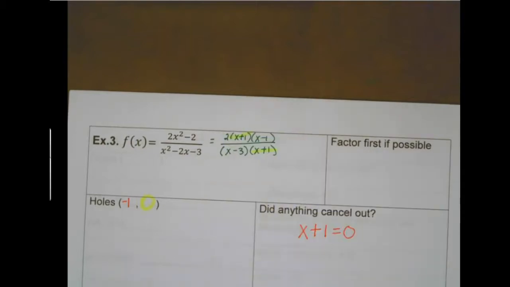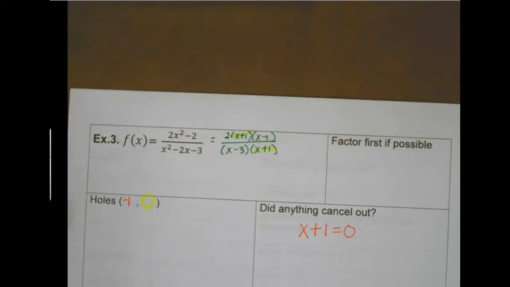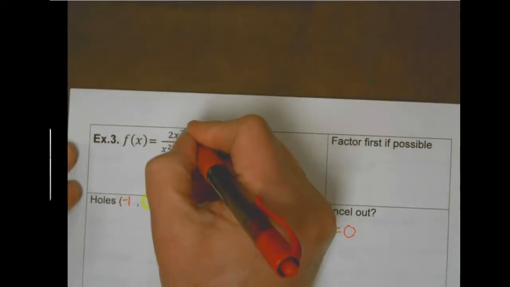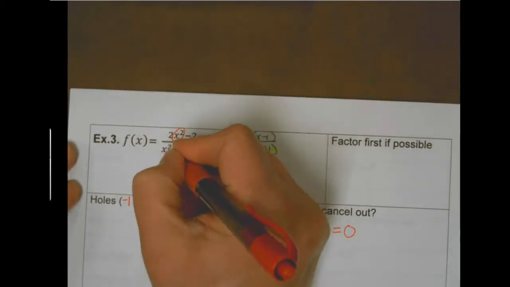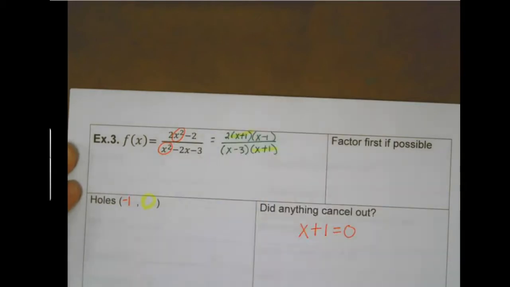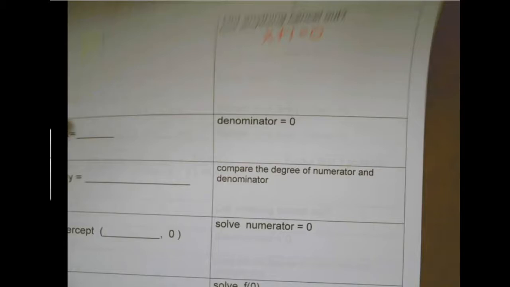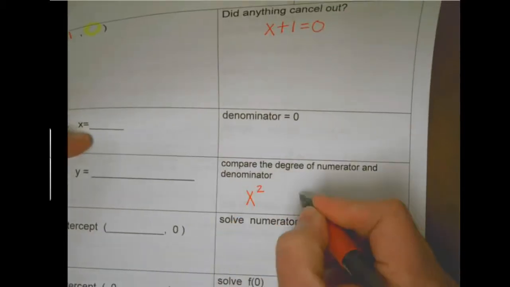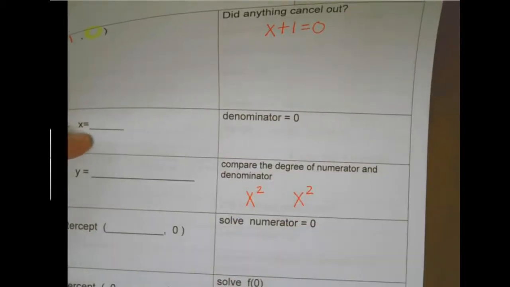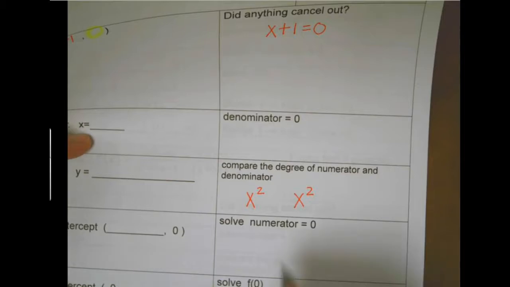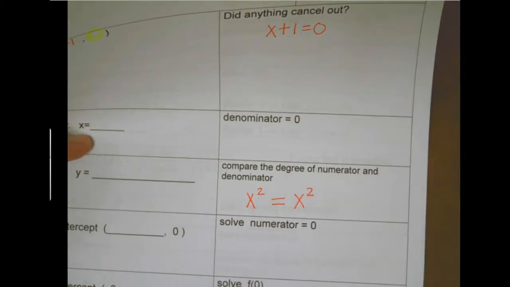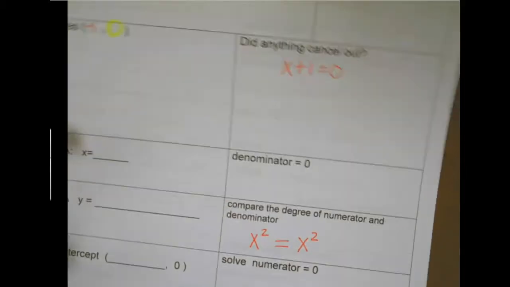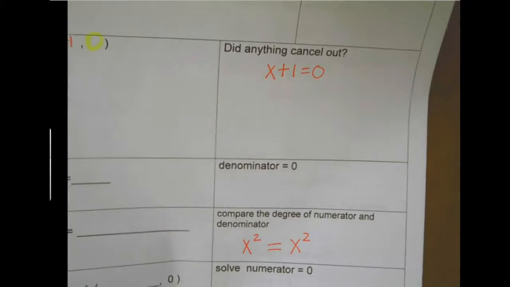But we're going to go ahead and do our horizontal asymptotes so we can show you how the chart works. There's the degree in the numerator and there's the degree in the denominator. I have an x squared on top and an x squared on bottom. I would say those would be equal. So, I go back to my chart.